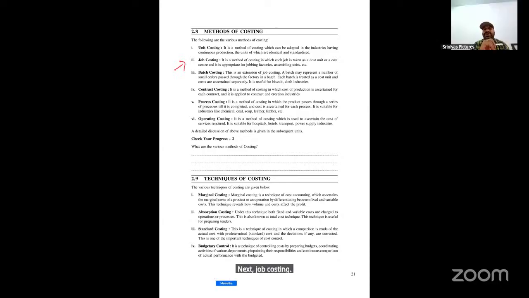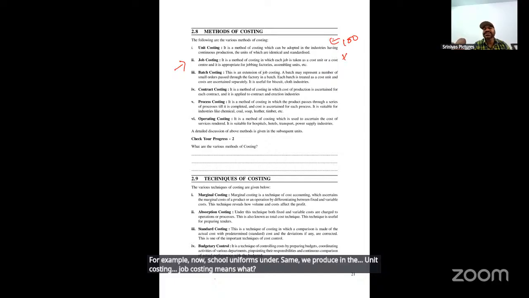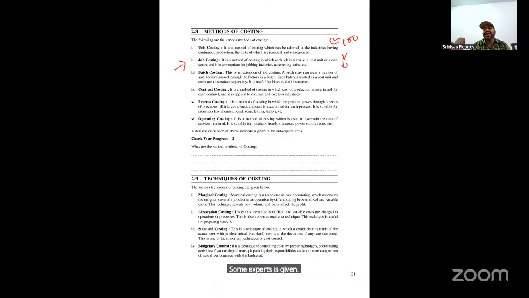Next, job costing. Job costing means the method of costing in which each job is taken as a cost unit. For example, school uniforms, 100 same, we produce in unit costing. Job costing means some person gives an order according to her requirement.